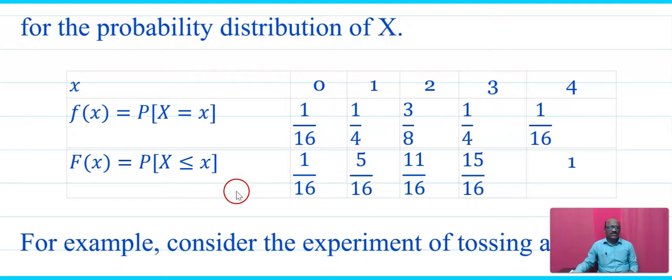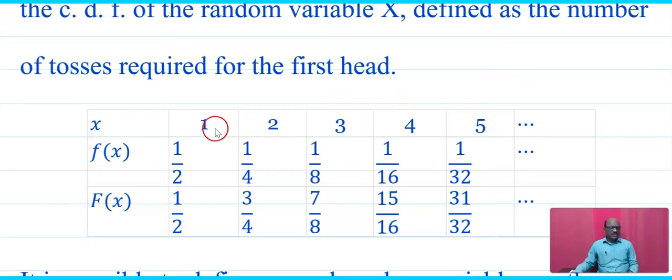And what about its cumulative distribution? What about its CDF? First, 1 upon 2 is as it is. Next is 1 upon 2 plus 1 by 4, you will get 3 by 4.